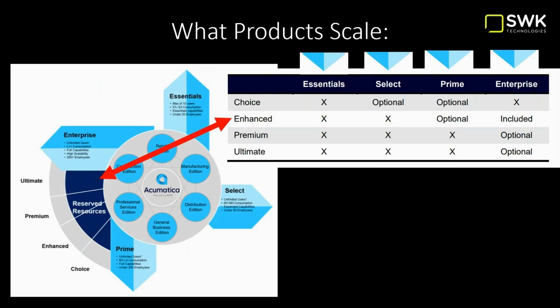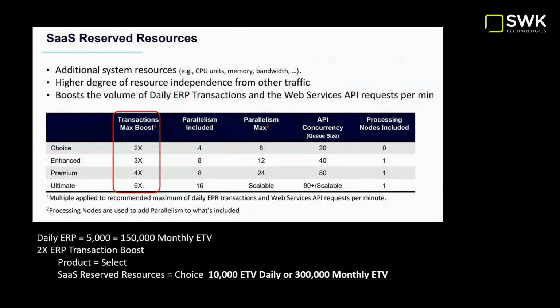So what does reserved resources mean technically to your application? Well, we had transactions on the screen, and if our volume and our transactions need a boost because the system needs a boost to support those transactions, then we're going to add reserved resources. It's going to give us CPUs, memory, bandwidth.